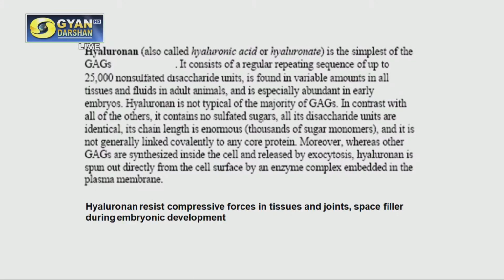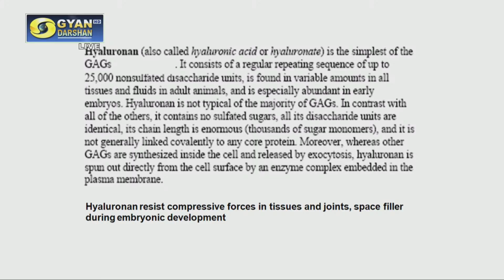I repeat those 4 points. No sulfated sugar. Number 2, all its disaccharide units are identical. Number 3, its chain length is enormous, thousands of sugar monomers. And number 4, it is not generally linked covalently to any core protein.